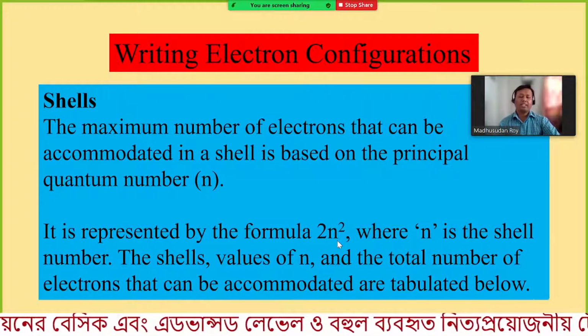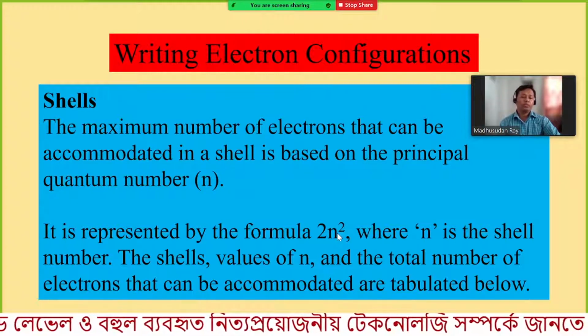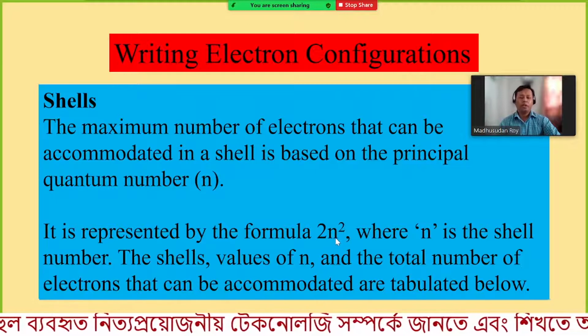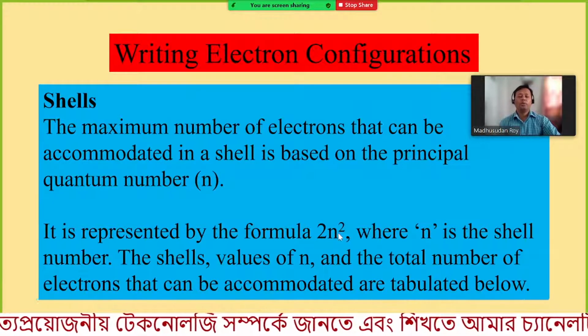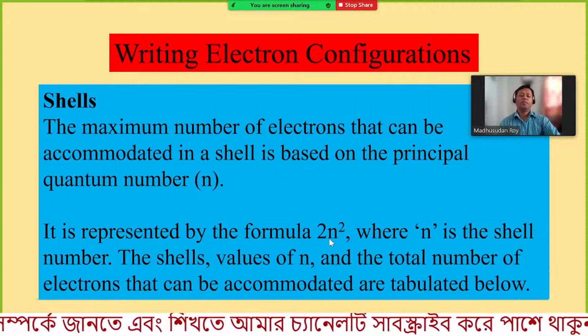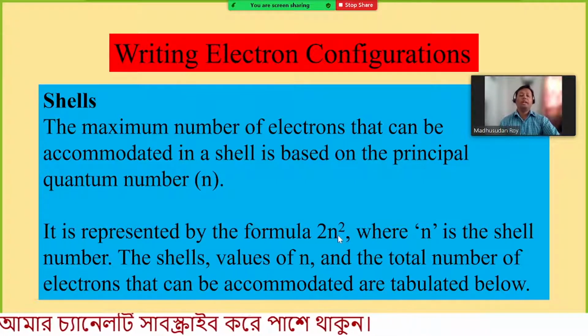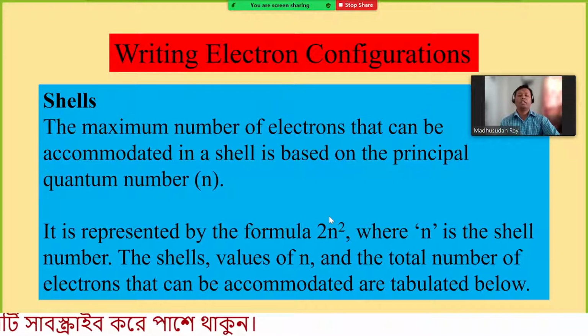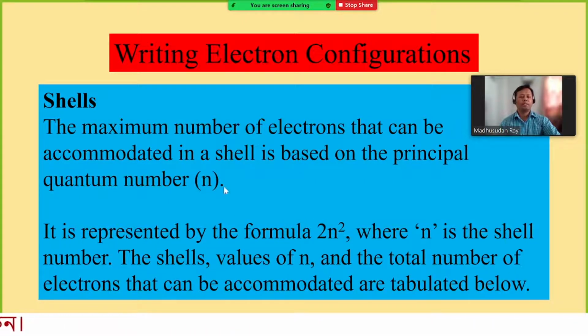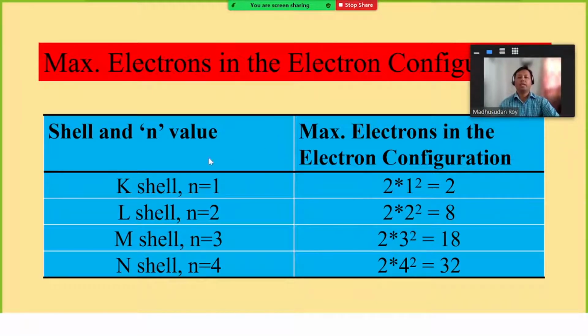So in the third shell we can have a total of 18 electrons, but in the case of the first shell, how many? The value of n is 1. So 2 times 1 squared gives only 2. So the total number of electrons depends on the value of the principal quantum number, that is n.